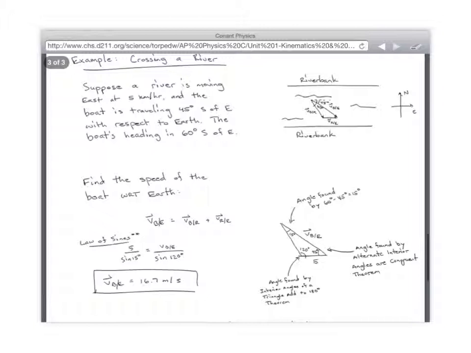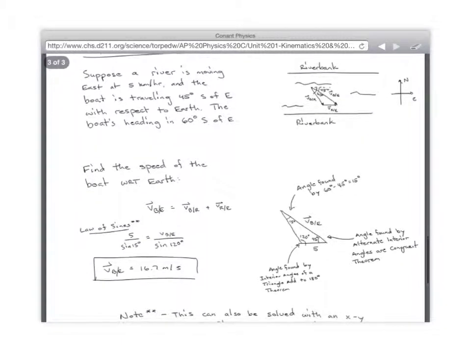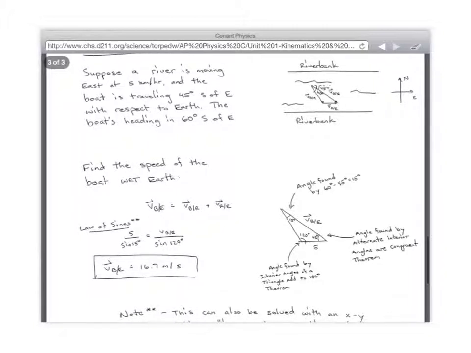Then what's the 45? The 45 degree one. The boat with respect to Earth is at 60 degrees, or 30 degrees. But you have two arrows, boat with respect to river and boat with respect to Earth. So the problem, did I get my notes wrong? I don't think so.